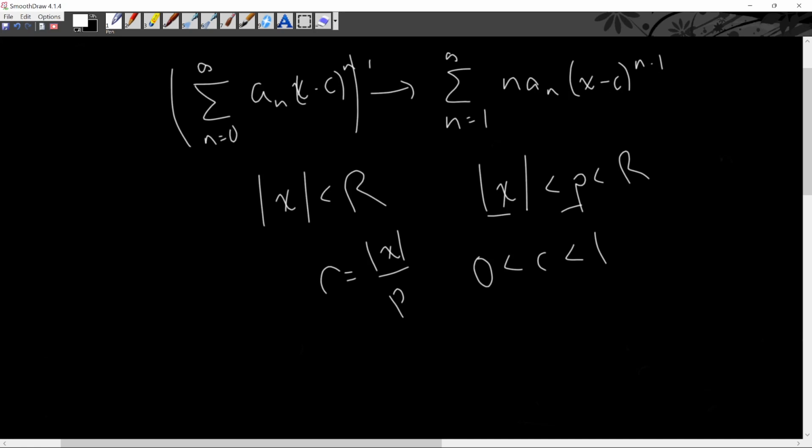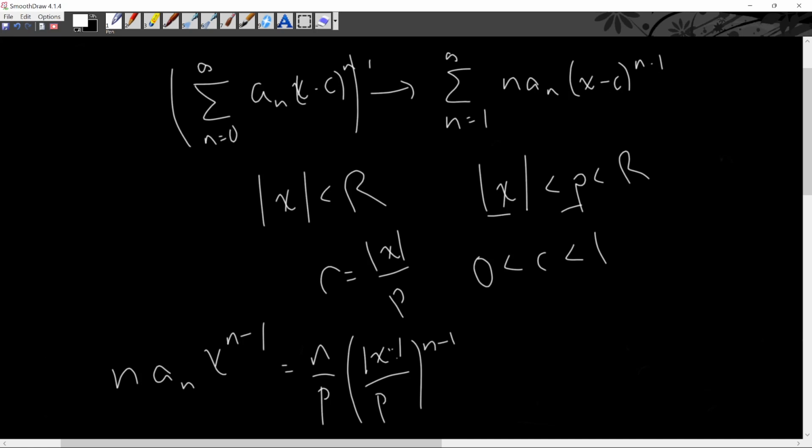Okay, so now that we've established this, we can also say that n times a sub n times x to the n minus 1 is equal to n over p times the absolute value of x over p to the n minus 1. Let's try and think of this.